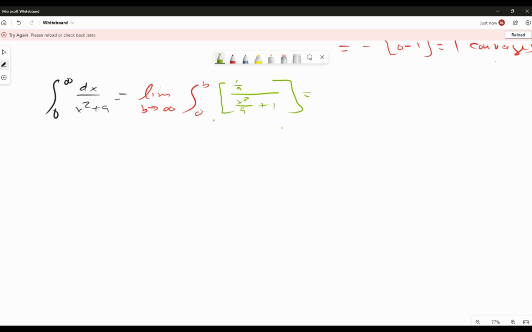So what we do is we take this piece here and we divide everything by 9 to create what we've got here. If I divide this by 9, I get 1. If I divide this by 9, I get x squared over 9. I get 1/9 up here. So this allows us to deal with this being u squared.